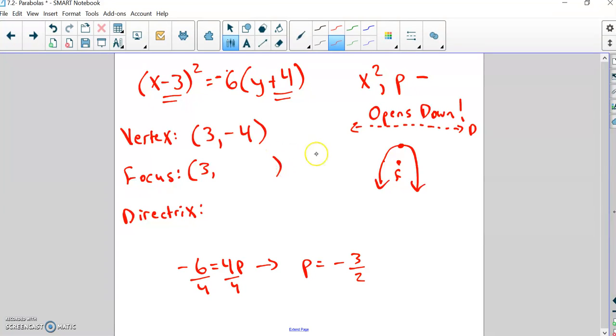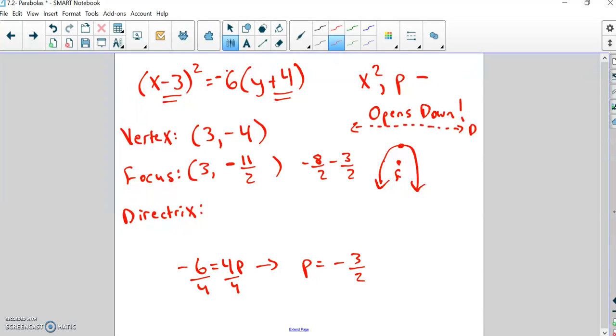We start at a y value of -4, and because we're going away from 0, we subtract 3 halves from that. So I'm going to write my math out here: -8 halves, which is the same thing as -4, and I'm going p units down, so I go minus 3 halves, and when I'm done with that, I get -11 halves. Yes, you are going to need to be able to work with basic fractions for this unit.